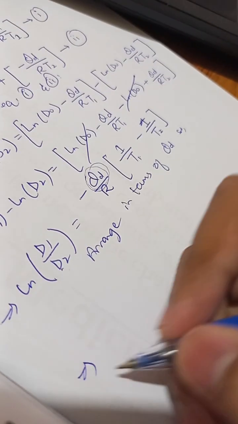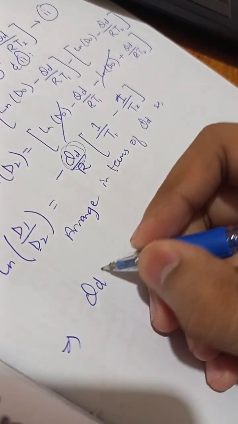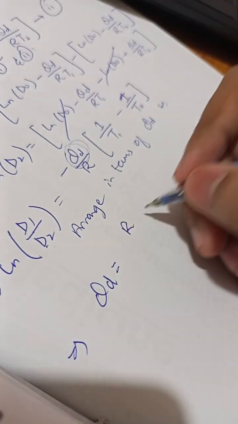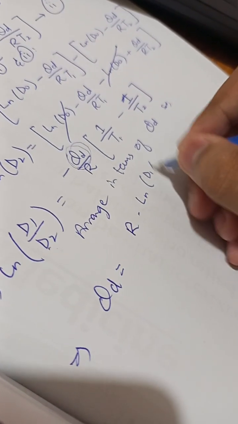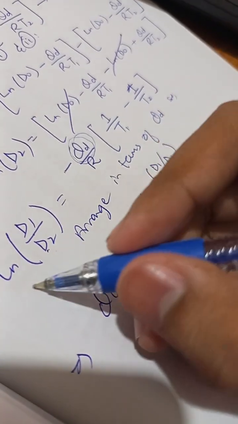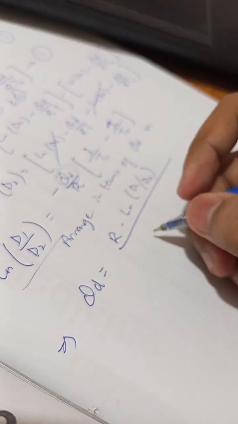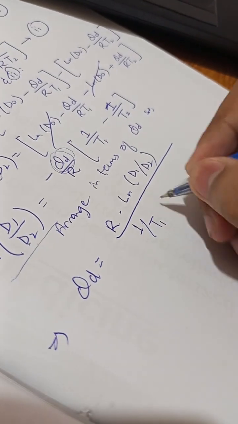So what will be our new equation? It will be something like this. Okay, and this whole thing will be below this in the denominator, so it must look like this.